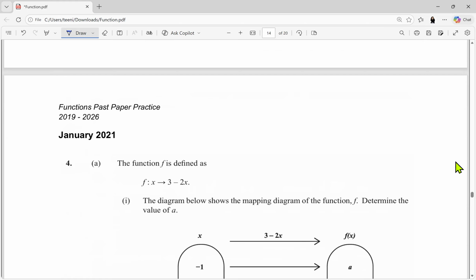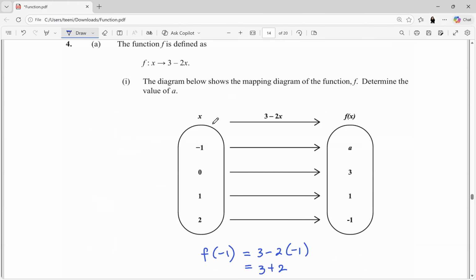Right, guys? The function here is x being mapped onto 3 minus 2 times x. So here, 0 maps onto 3 because 3 minus 2 times 0 is 3. Here, 1 maps onto 1 because 3 minus 2 times 1 is 1, and so on. So f of x is really to find what any of these values are.